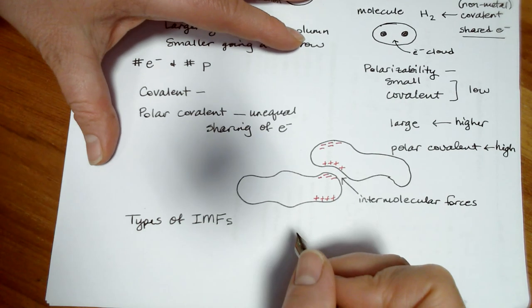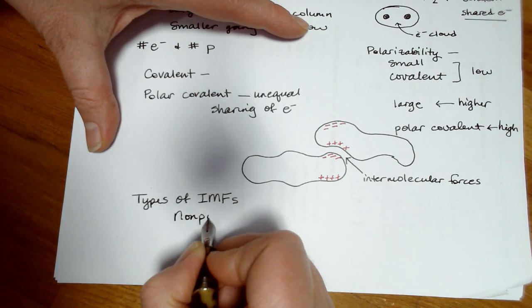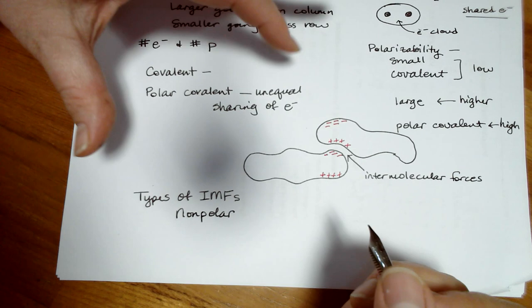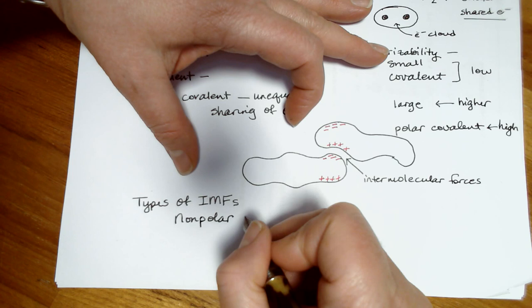Okay? So if we have totally nonpolar molecules, and our quick version of looking at something that's nonpolar, we have our different characteristics here.